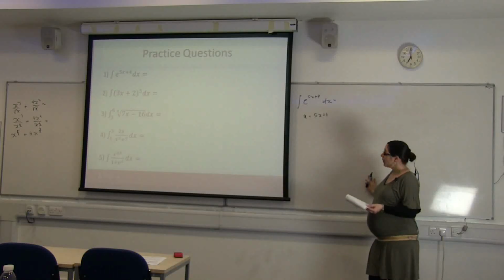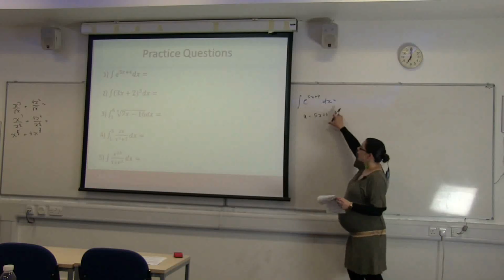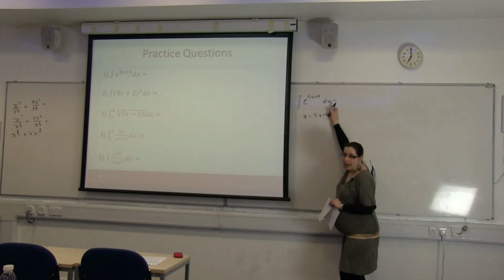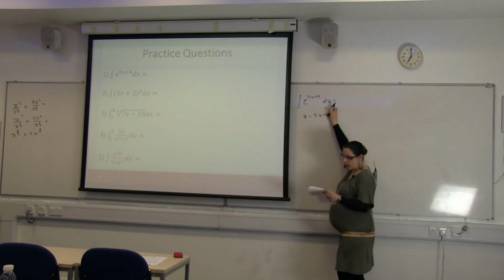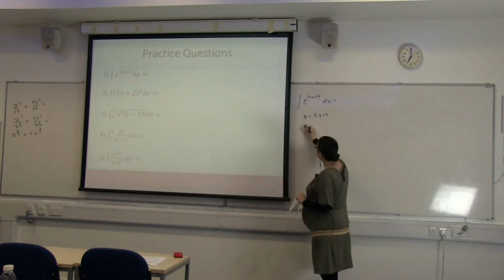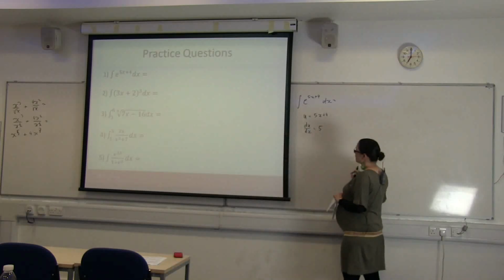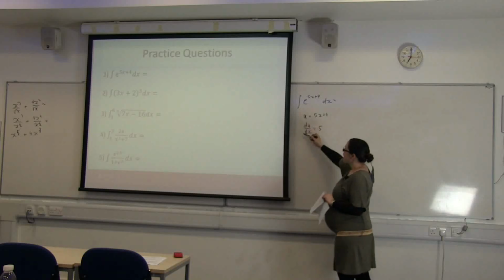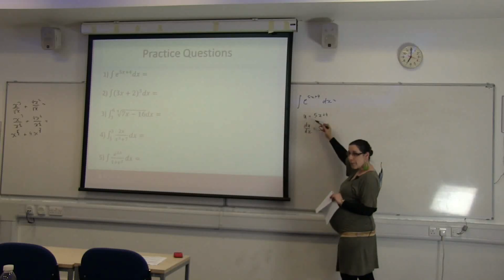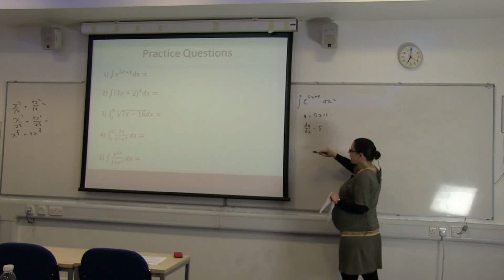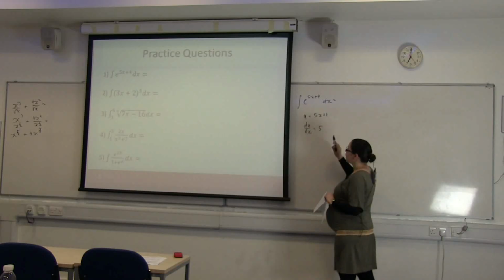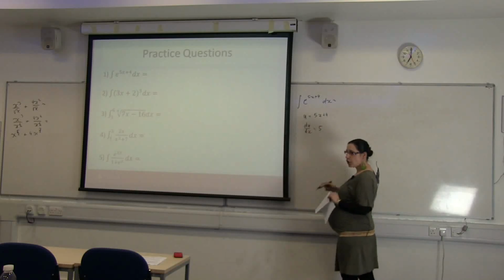But now I introduced a new variable, u, so I cannot integrate by x anymore either. So what I need to do now, I need to find du dx, which is 5. So from now on I can treat this as two separate variables, and I can rearrange this equation and express dx as a function of du.